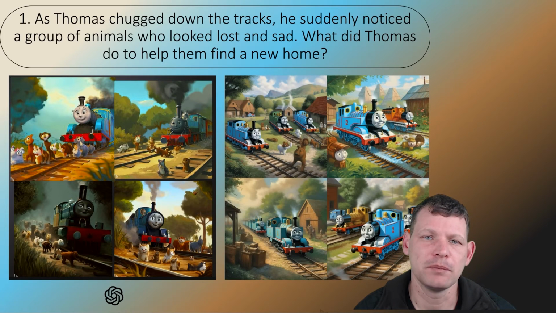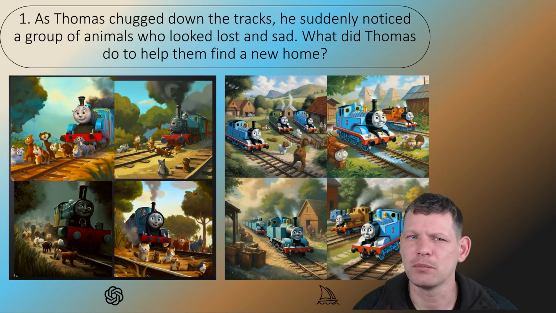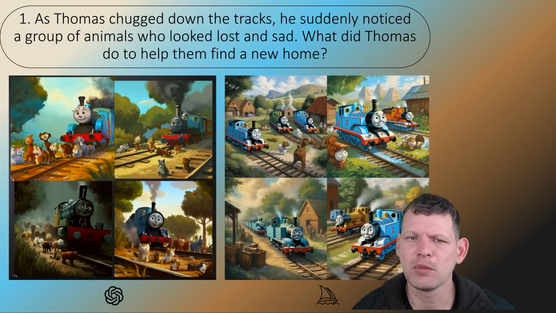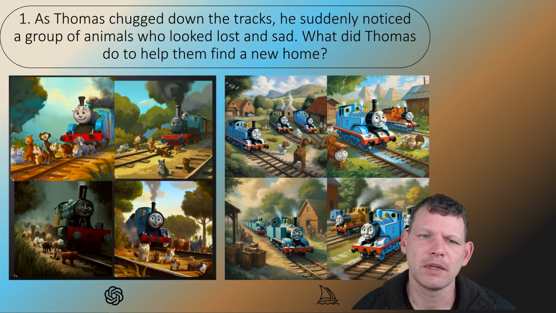When we look at Midjourney, Midjourney was a little bit more confused. We have a few animals, and the trains look a little bit more like Thomas the train, but it's not that clear. So based on the prompt, I think Bing got the closest to what we wanted.